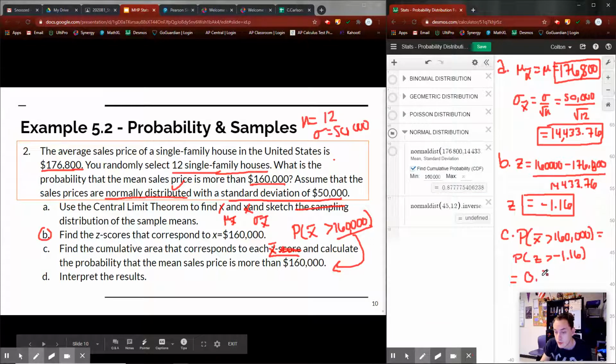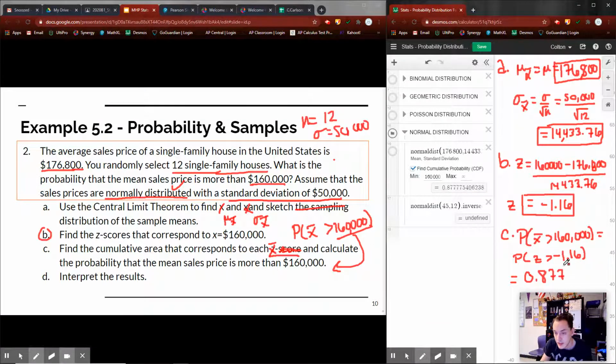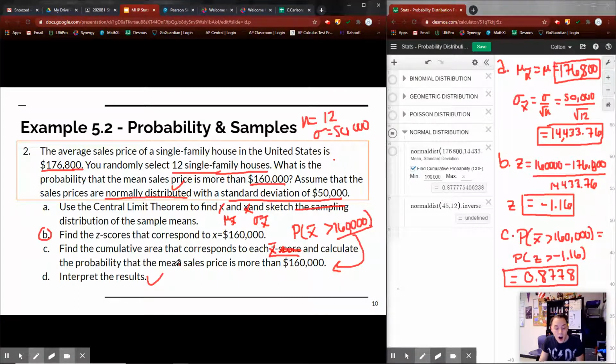0.8778, so 87.78%. Perfect. D, interpret results. Are you ready? Of samples of 12 single-family houses, approximately 87.78% of them have an average sales price of more than $160,000.